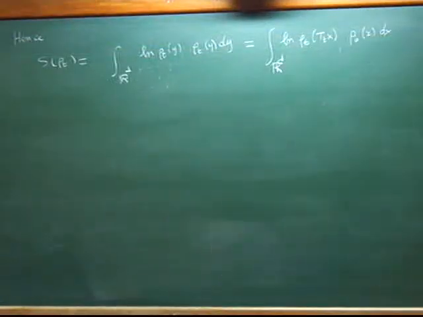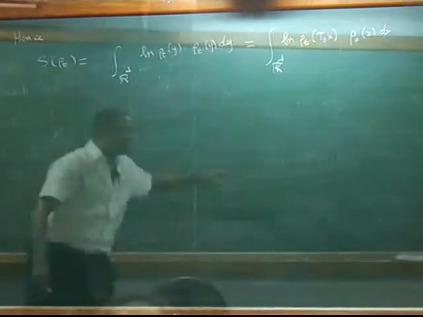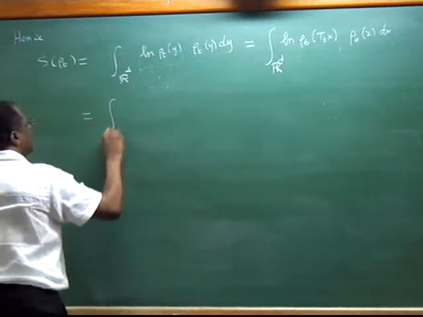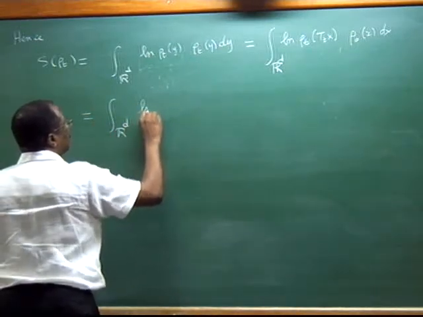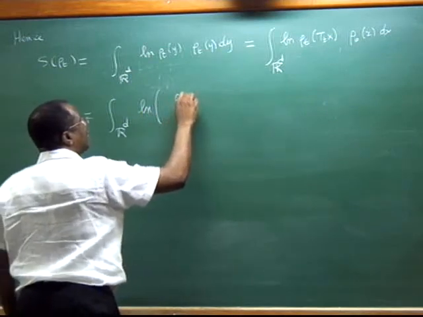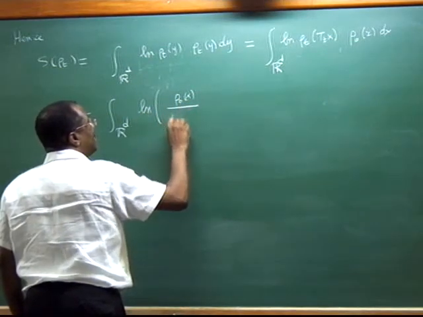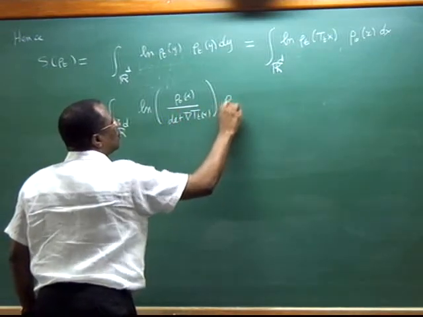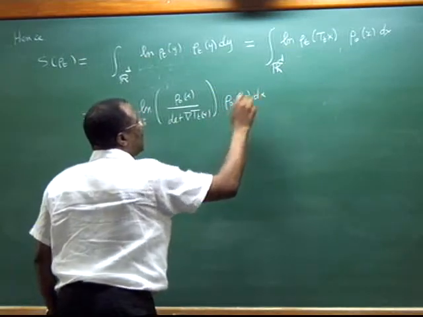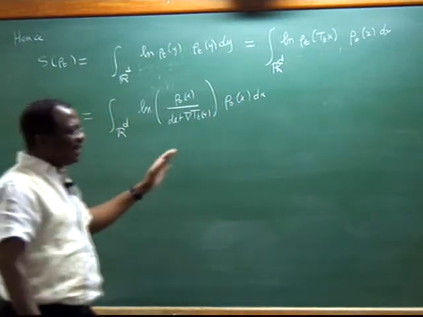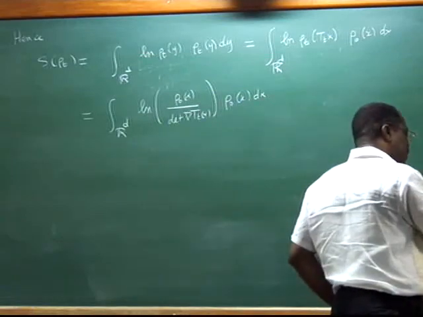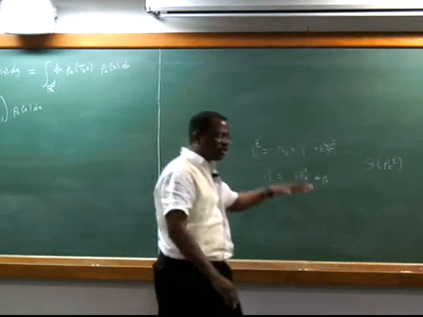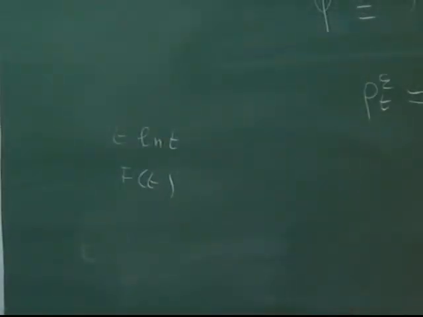Now I am going to use that to obtain that this is the integral over Rd of the log of rho naught of x divided by the determinant of the gradient of T_t of x, times rho naught of x dx. So far, if instead of t log t, I use f of t, the computation up to there is exactly the same.